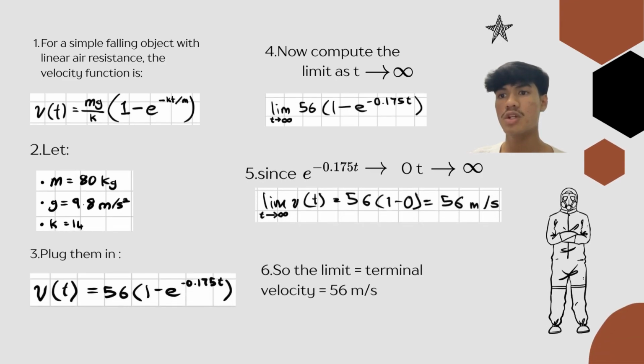For a simple falling object with linear air resistance, the velocity function is v(t) = (mg/k)(1 − e^(−kt/m)). Number 2, m = 80 kg, g = 9.8 m/s².